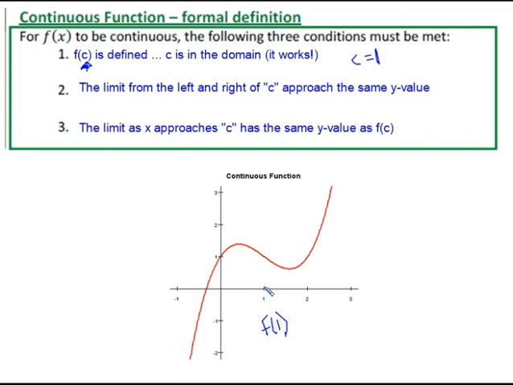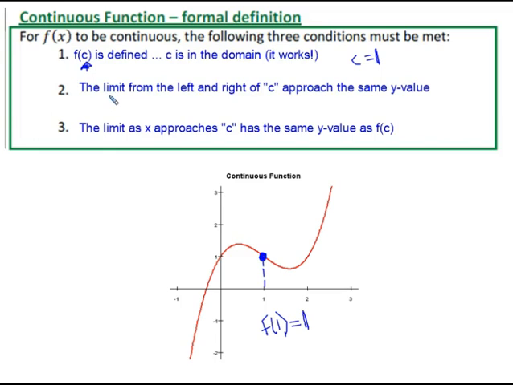This is my x value, and if I try to find f of 1, I get an answer: a y value of 1. So notice how the c value of 1 exists. It's found on my graph. So this graph follows this first condition.